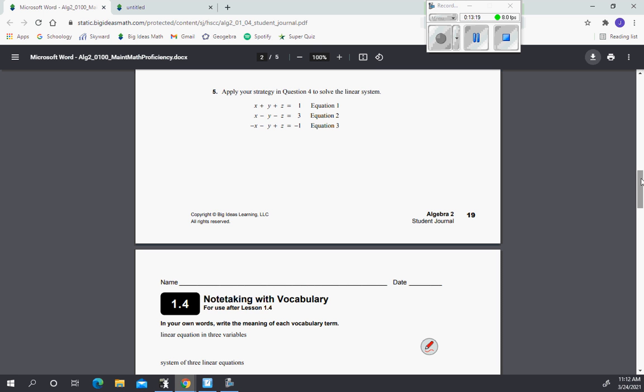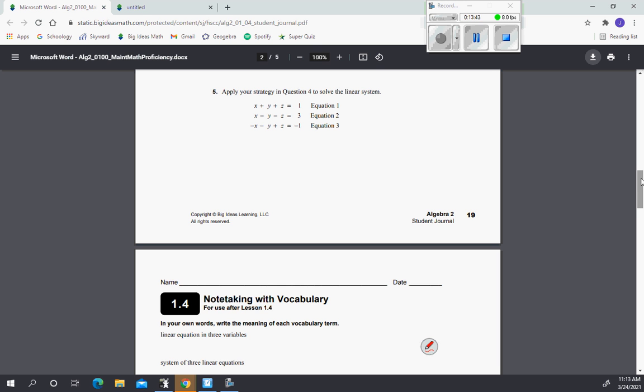What I want to do is find 2 equations that will eliminate each other right away. 2 equations that either eliminate the x, the y, or the z. I don't care which one. I'm going to choose the x.